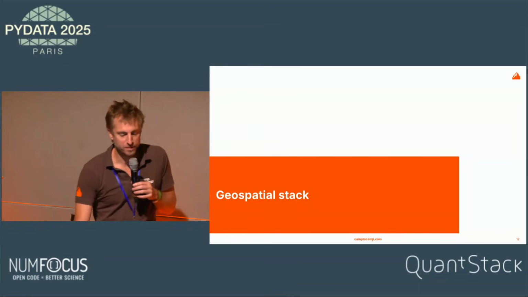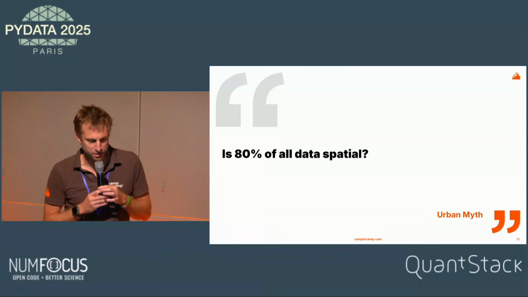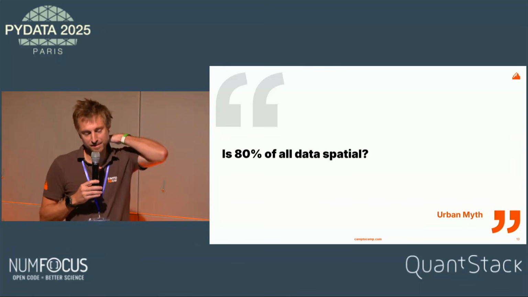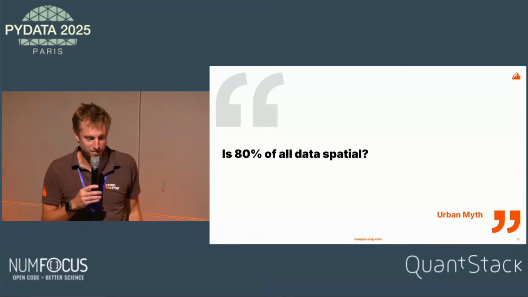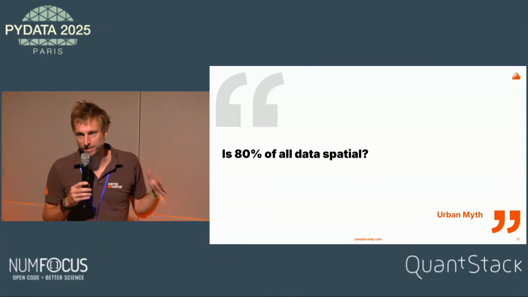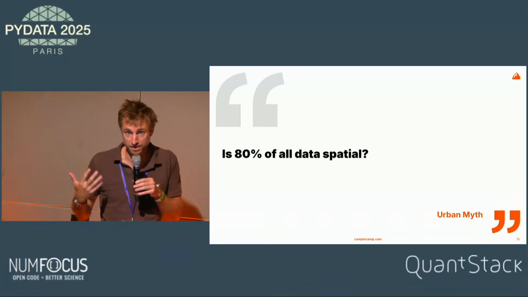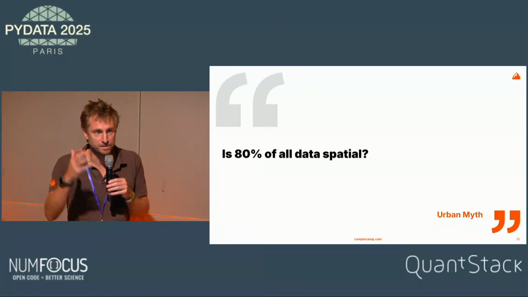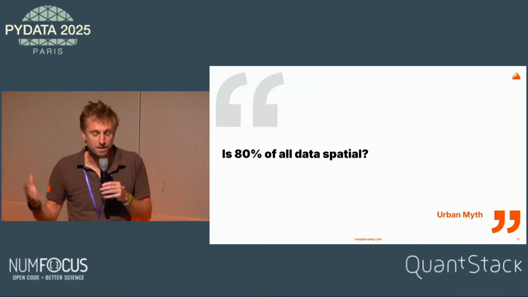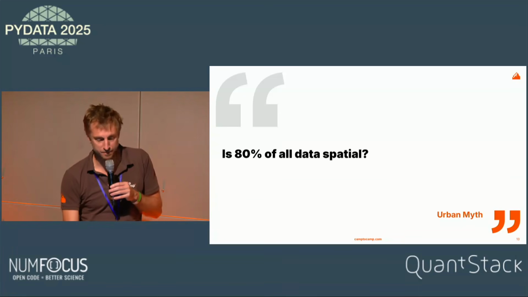So, the geospatial stack. What is specifically geospatial? As I said, there is an urban myth, I don't know if it's proven somewhere, that 80% of data have a spatial component. It means that they have coordinates, or they could have coordinates. Yesterday I saw a talk with Meteo, and they were talking about a city, Paris. We can always assign a position to Paris, a point or polygon or whatever.